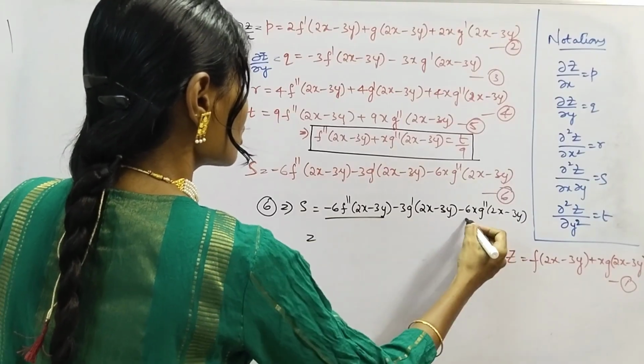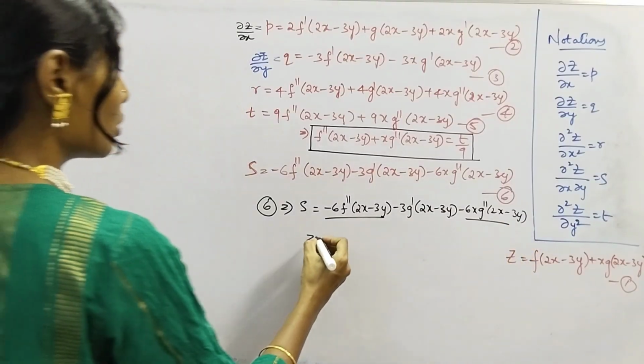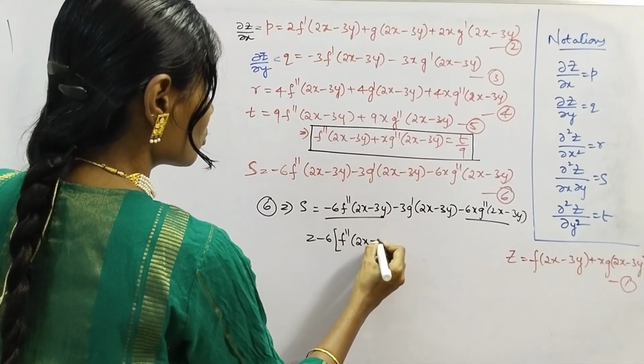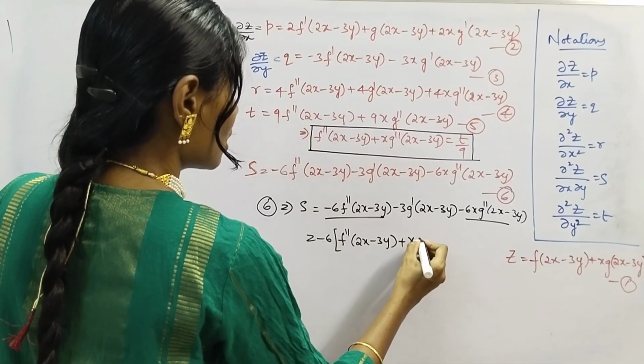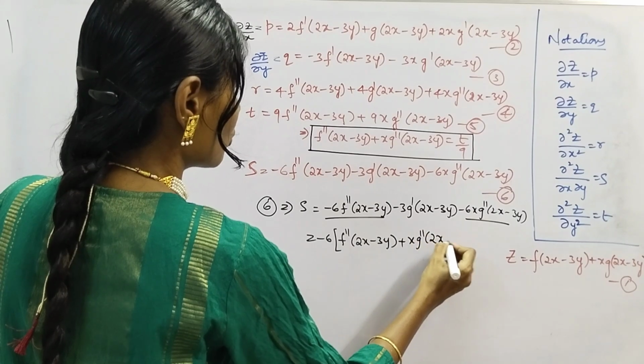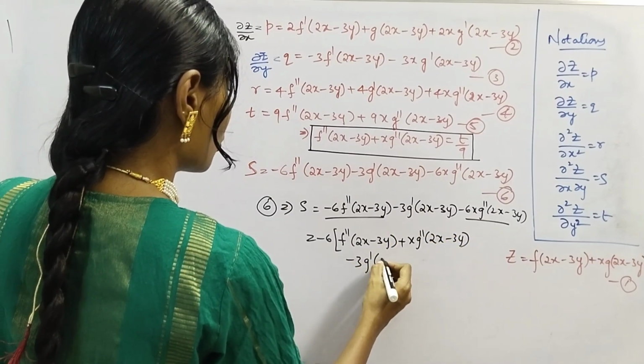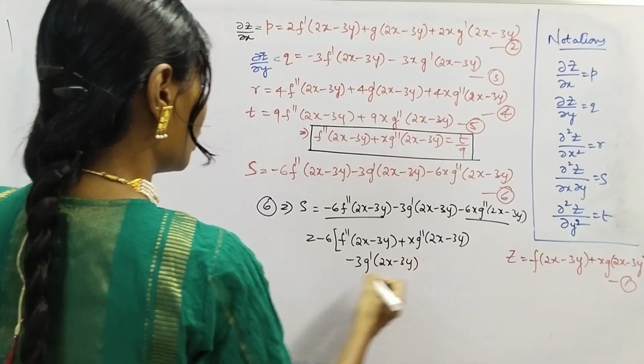Now take -6 common from these two terms, you'll get -6 times [f''(2x-3y) plus x into g''(2x-3y)] minus 3 g'(2x-3y), right?